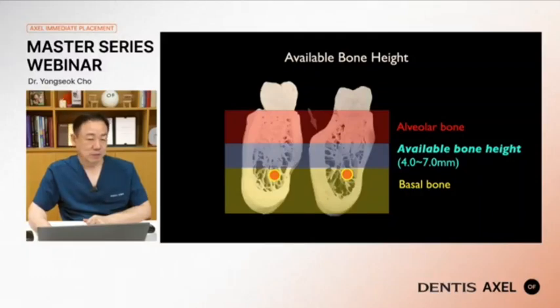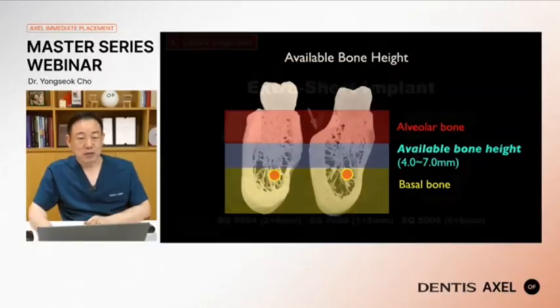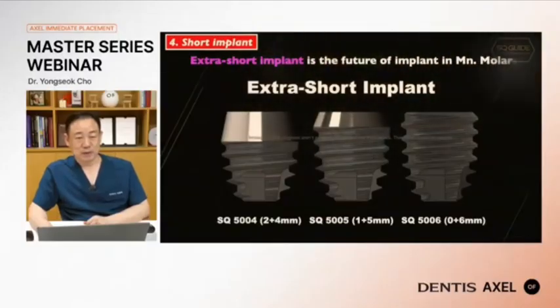When a patient experiences severe bone resorption, which means almost complete resorption of alveolar bone, how to place an implant? In the past, we considered GBR, and it's technically difficult, and the prognosis is unpredictable. When we are using extra short implants, such as 6 millimeter, 5 millimeter, and even 4 millimeter, we can avoid complex surgery.